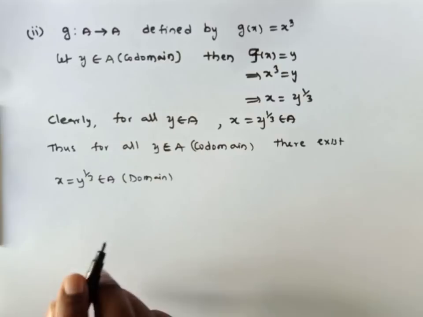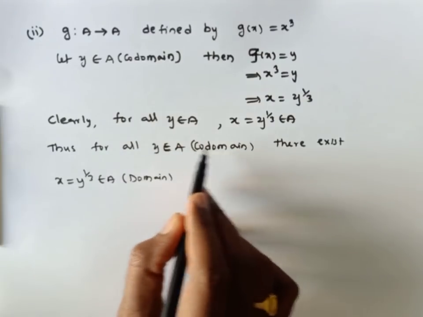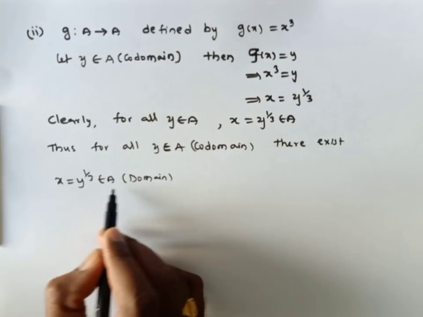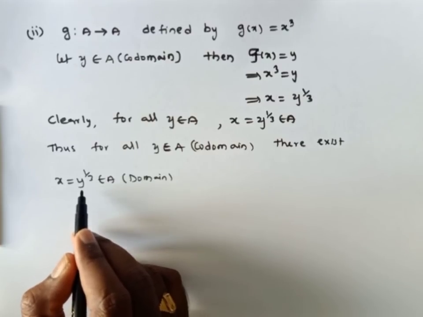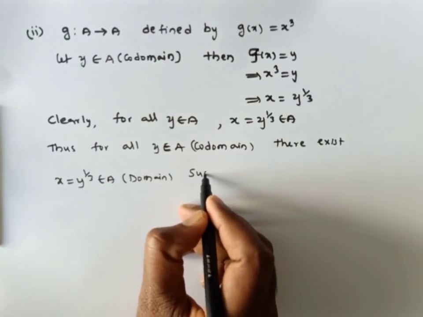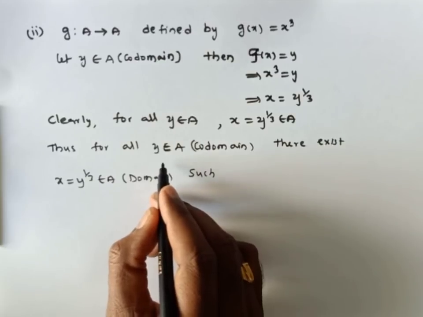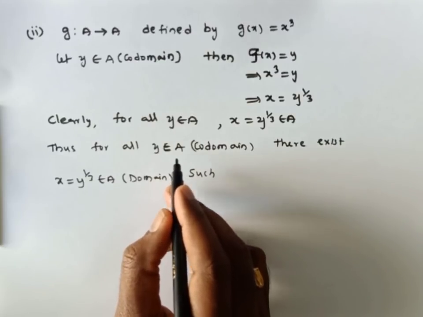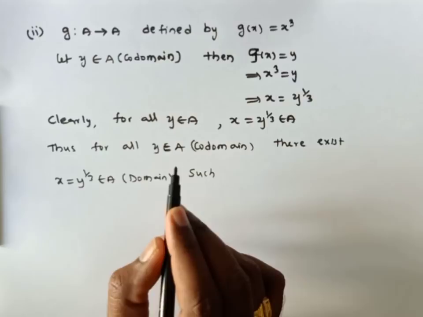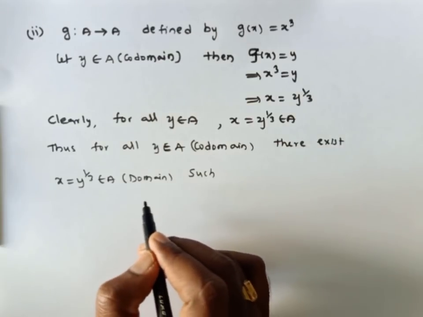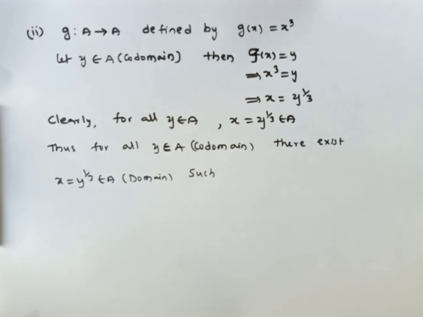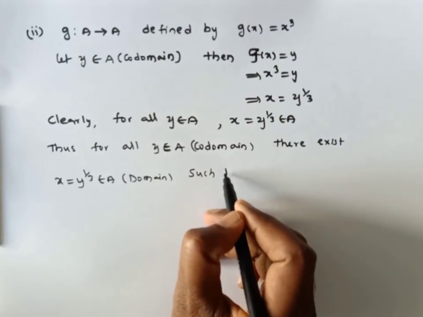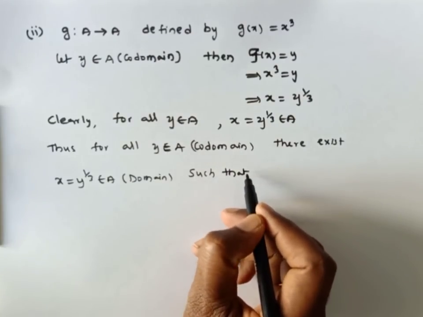Again I am writing the definition. For all y belonging to the codomain, there exists a number in the domain, x equals y power 1 by 3, such that g of x equals y. Now you need to check whether g of x equals y or not.